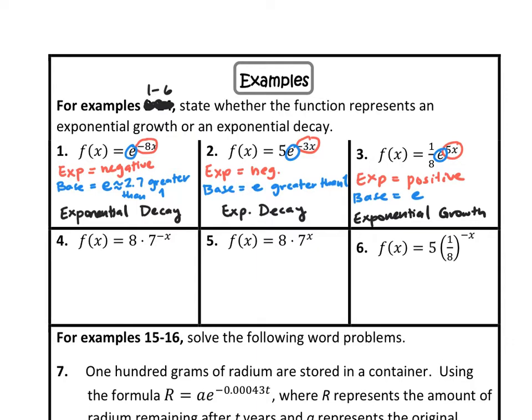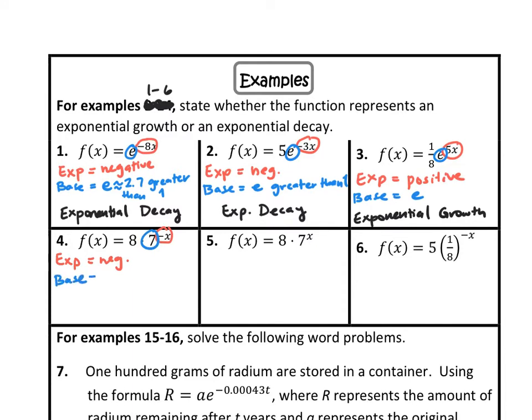All right, example 4. I see the exponent and we have negative x. So I'm going to say the exponent is negative. The base changes this time.